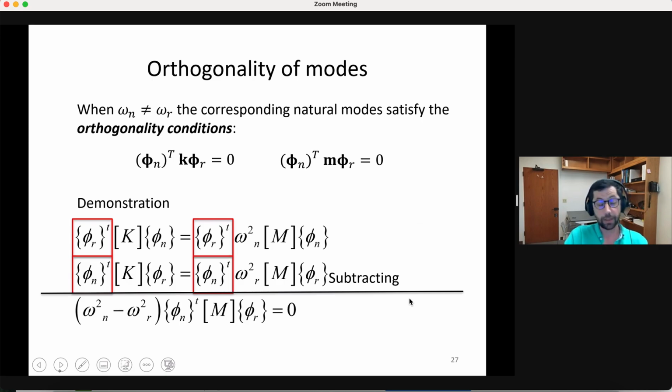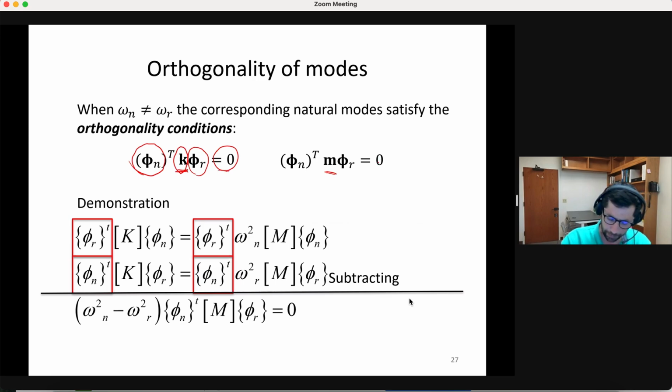Another result that we will be using is the result due to the orthogonality of modes. What is the orthogonality of modes? Well, the modes of vibration are orthogonal with respect to the stiffness matrix and the mass matrix. Meaning, if I write the transpose of a generic mode shape N times the stiffness matrix times the mode shape R, I will get 0.